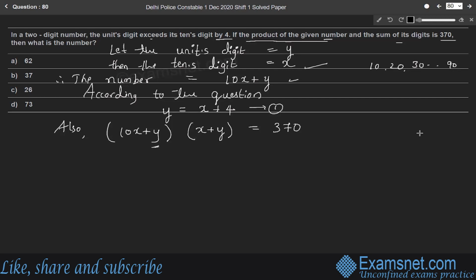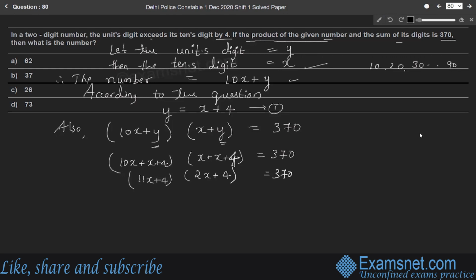And also y is equal to x plus 4. Substitute the value of y here. 10x plus x plus 4 into x plus 4 is equal to 370. So it is 11x plus 4 into 2x plus 4, equal to 370.